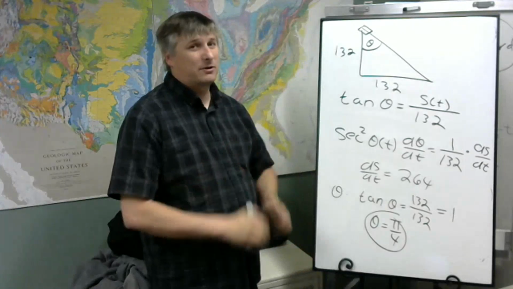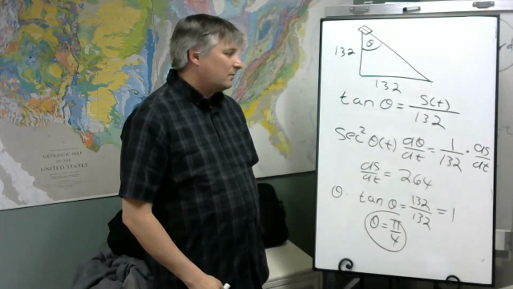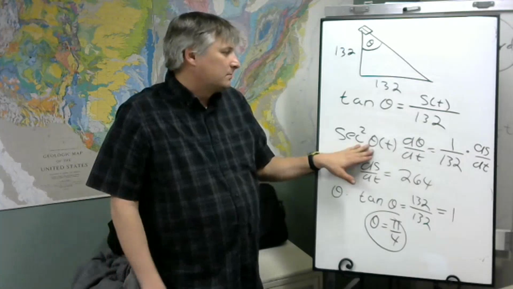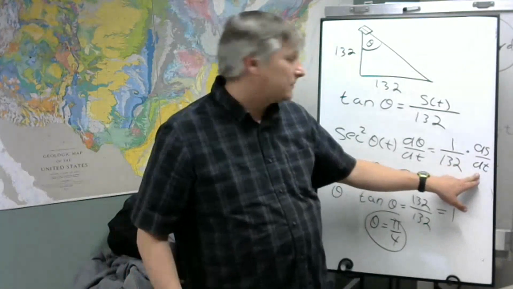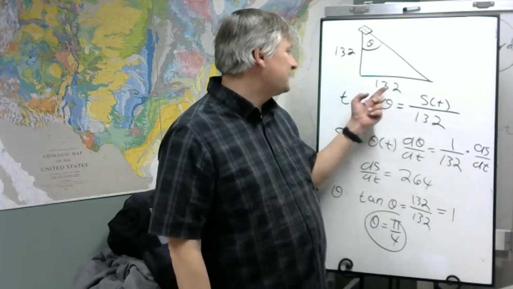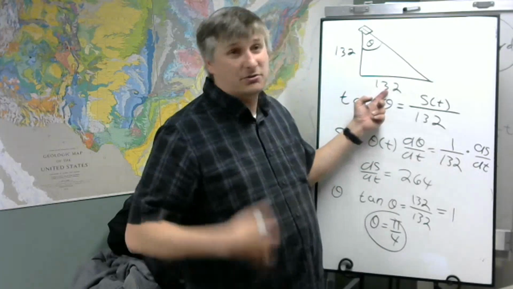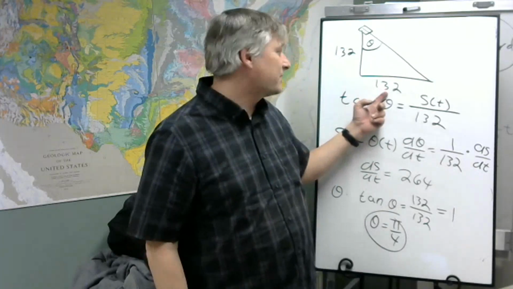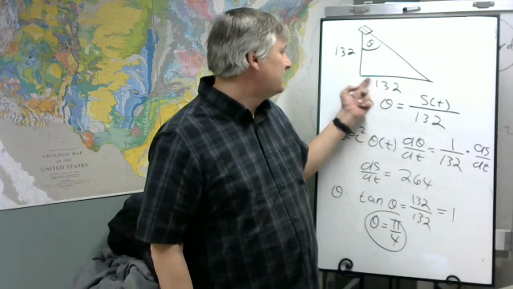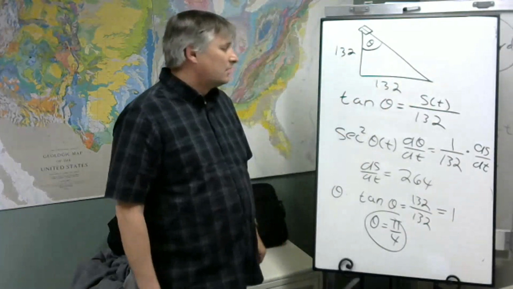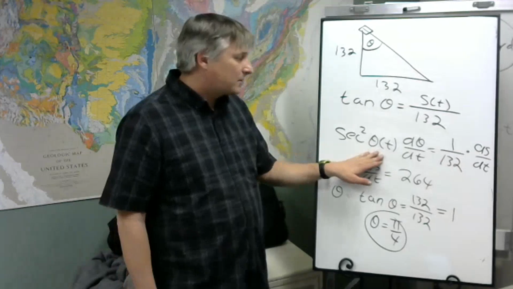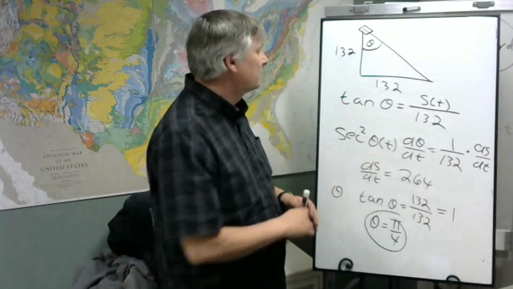So we have to do a little extra work with this one. We have our equation. We figured what this is. You know this is now positive. In other words, if this car is traveling 264 feet per second for 1/2 second, then the distance it's traveled is 132 feet. But our equation requires us to find theta.